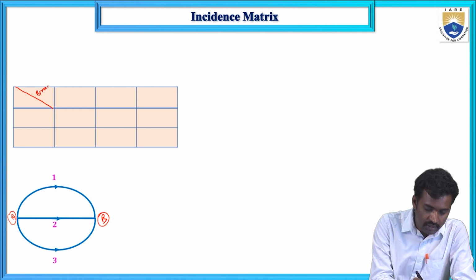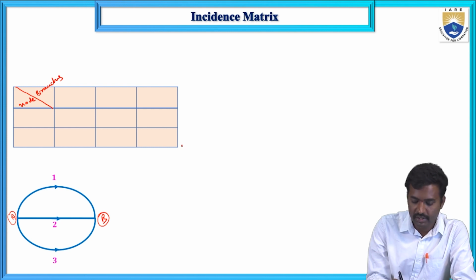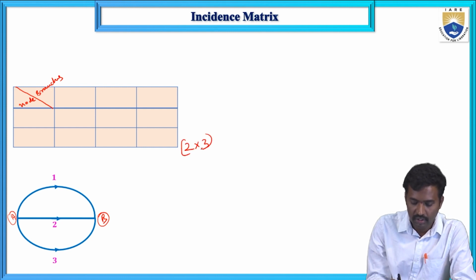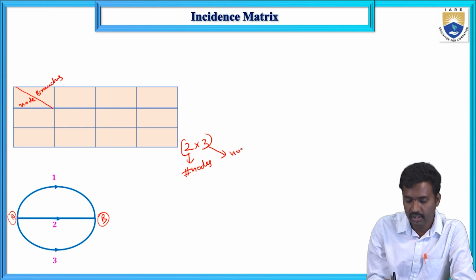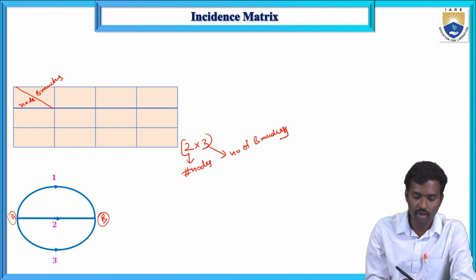These are the branches, these are the nodes. The matrix size is 2 cross 3, where 2 indicates the number of nodes and 3 indicates the number of branches.